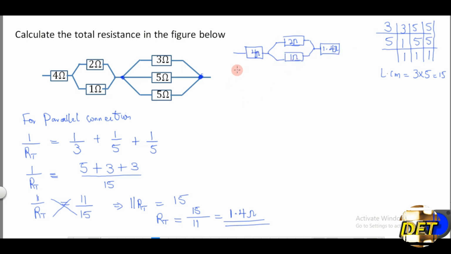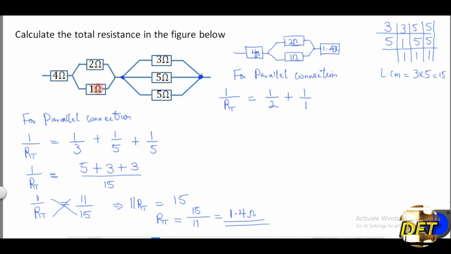So for the next parallel connection, I have my total resistance, which is 1 all over R_T, is equal to 1 all over 2, which is this 2, plus 1 all over 1, which is this 1, right?